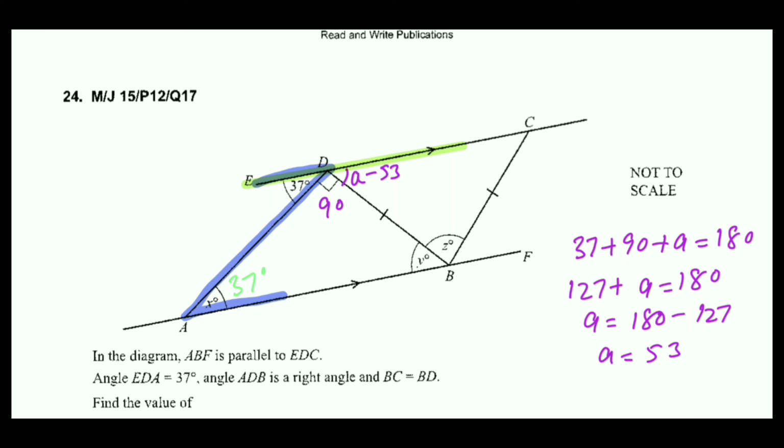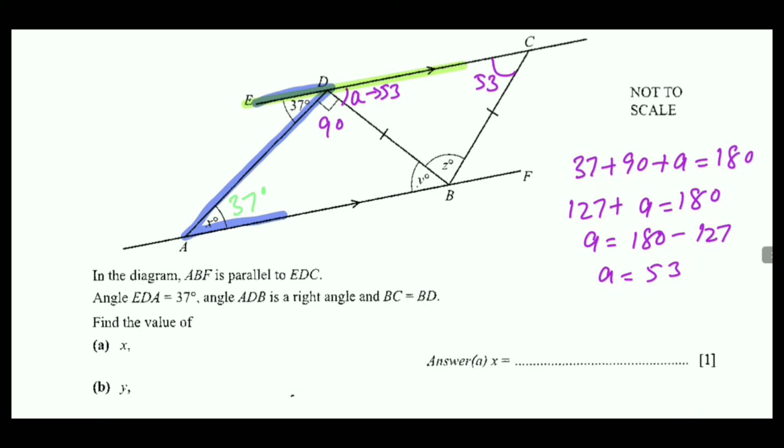So if this angle is 53, angle C will also be 53 by isosceles triangle property. So if that is 53, we can easily find angle Z by angle sum of a triangle property.